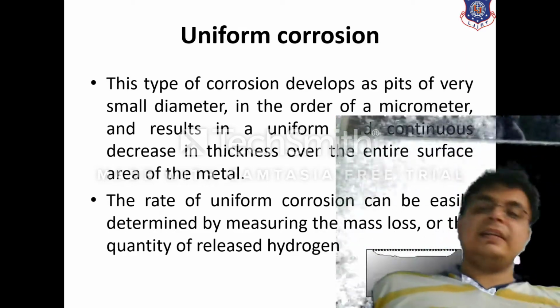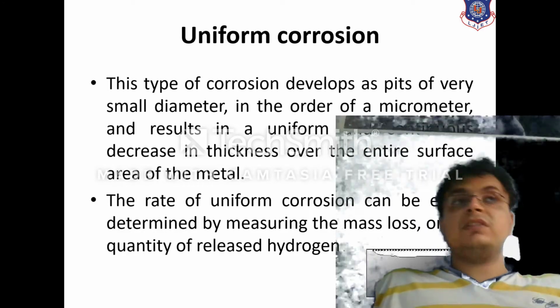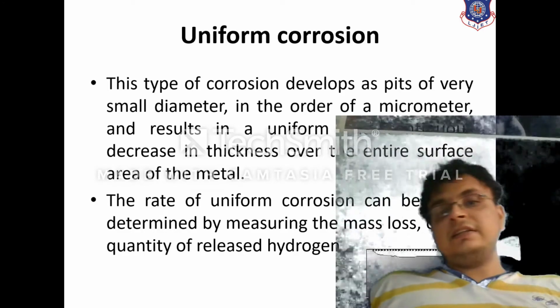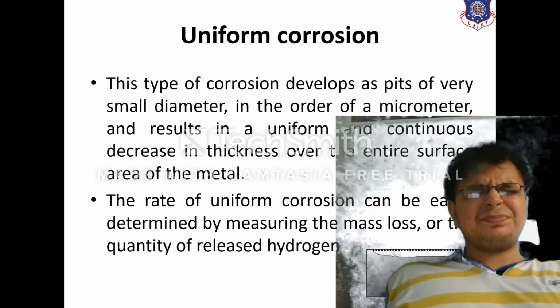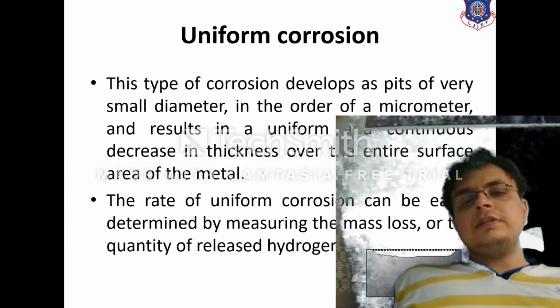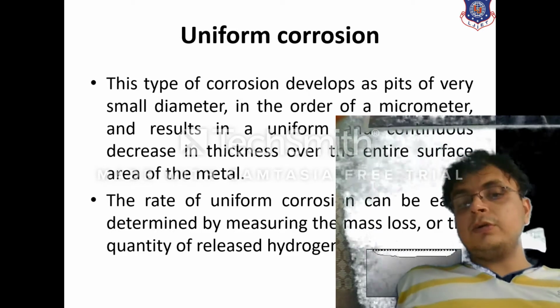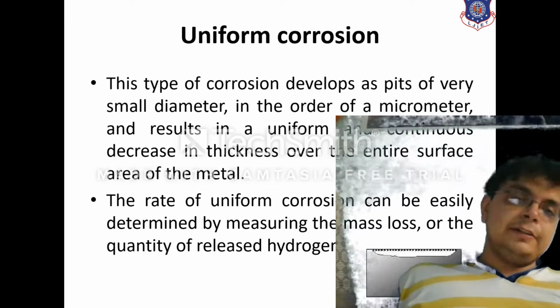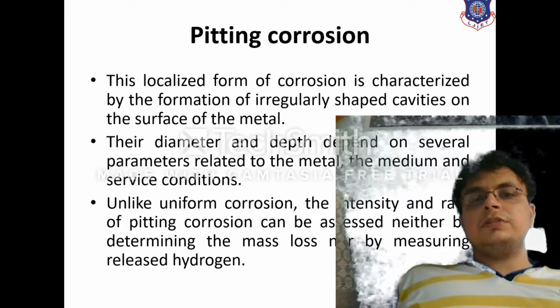The extent or rate of the corrosion can be easily found by measuring the mass loss or the quantity of released hydrogen. This is how the corrosion takes place.